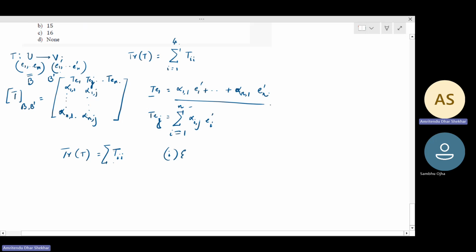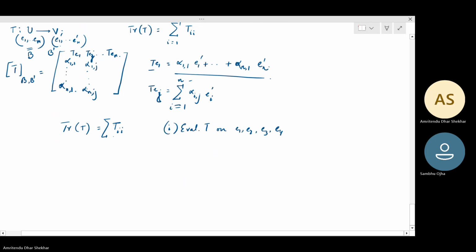First, evaluate T on E1, E2, E3, and E4. For the second step, represent TE1 up to TE4 in terms of the basis vectors E1 prime up to E4 prime.